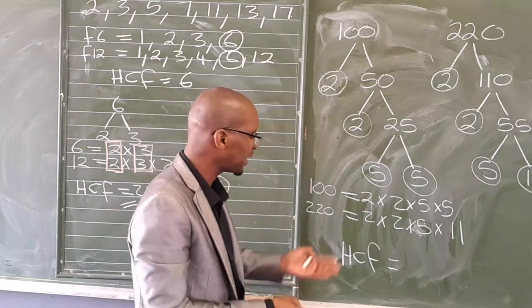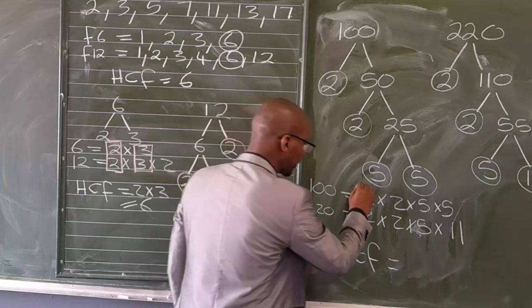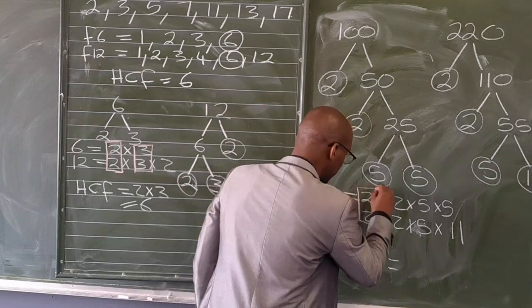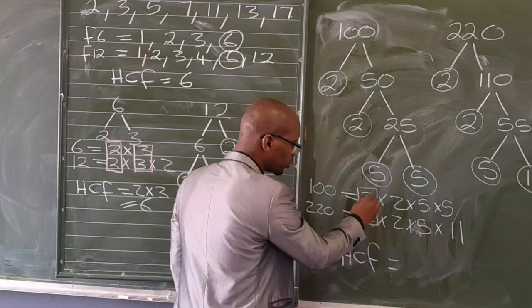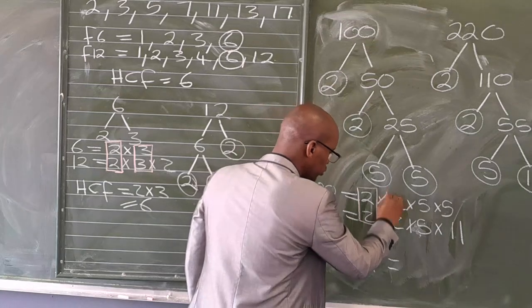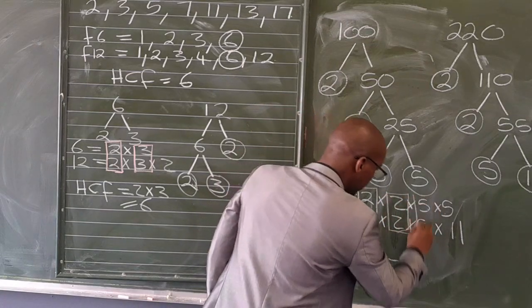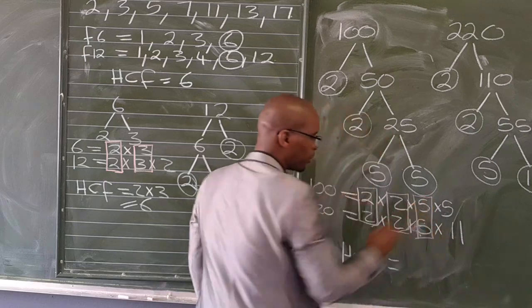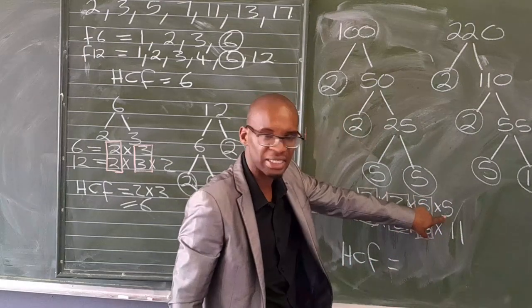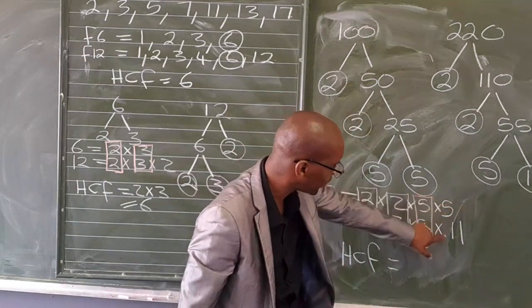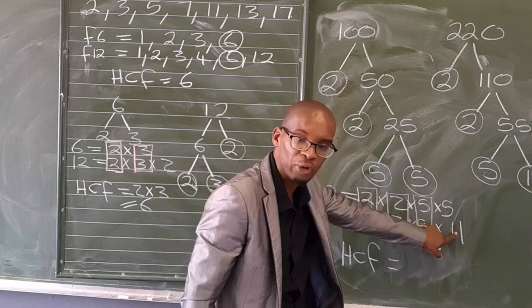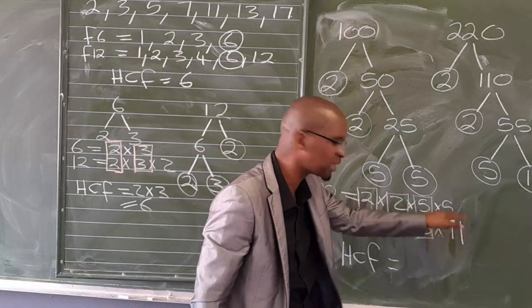Now to find the HCF, I pair the numbers up. I'm going to pair the 2 on the bottom with the 2 on top. I can pair this 2 over here with the 2 on the bottom. I can pair this 5 over here with the 5 on the bottom. But here I can see there is no other 5 I can pair this 5 with, and there is no 11 on top that I can pair the 11 with.